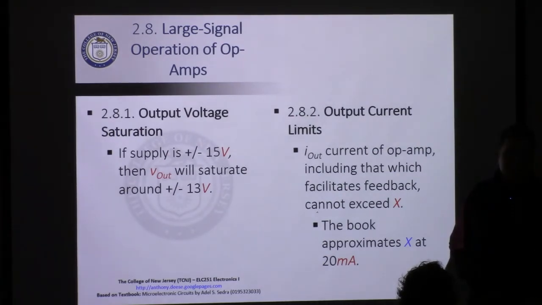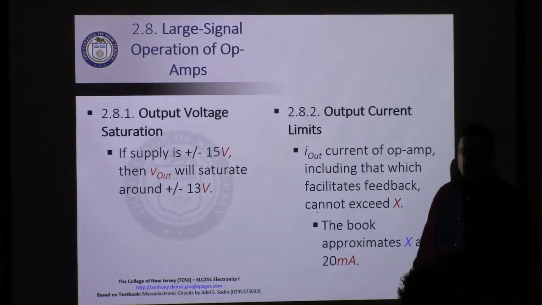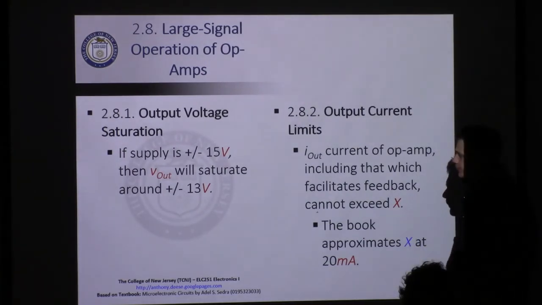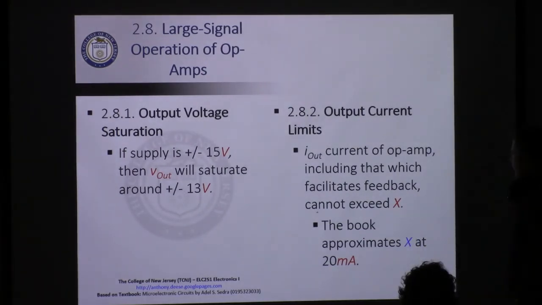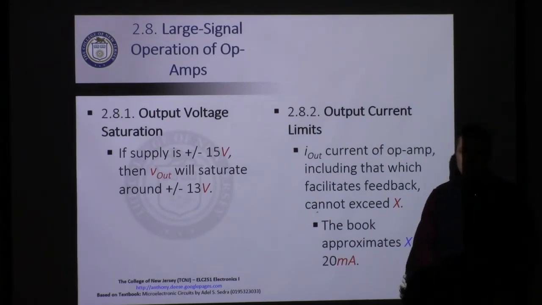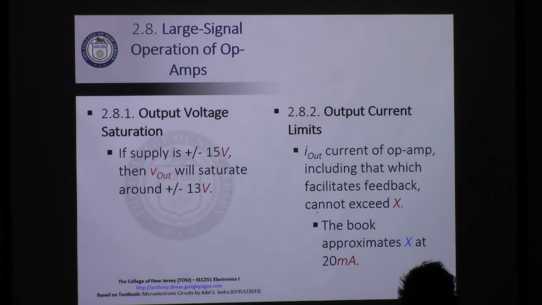Really, the best way to get that value is just to look at the data sheet. It's one of the first characteristics you'll see: what's the rated I/O, what's the maximum I/O. But again, this all comes down to a heat issue. More current means more heat, and how much heat is the amp able to take before it burns out.